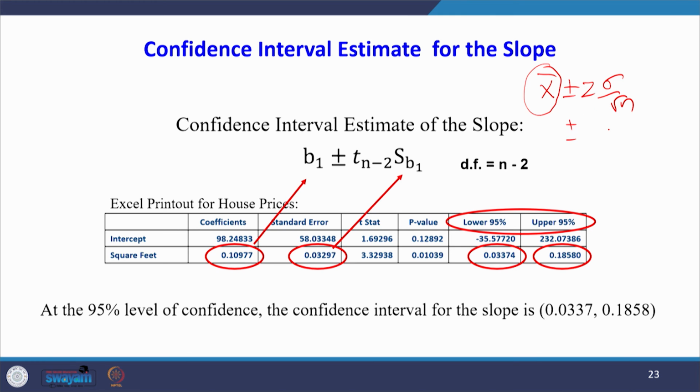Z sigma by root n is nothing but our standard error. Here sigma by root n is the standard error. Similar to that, here we can see the standard error S b1 is 0.03297.